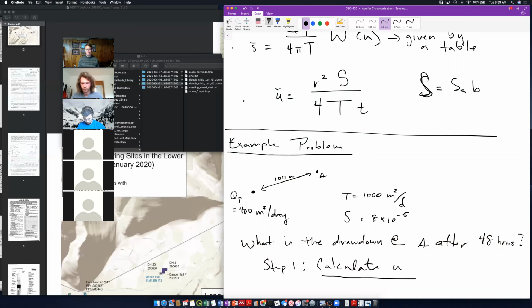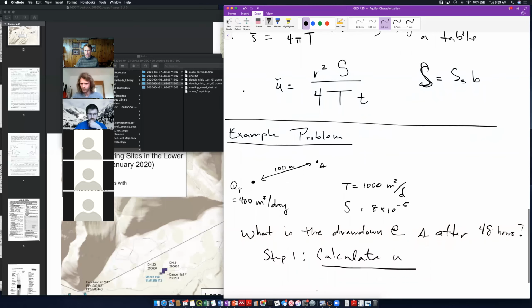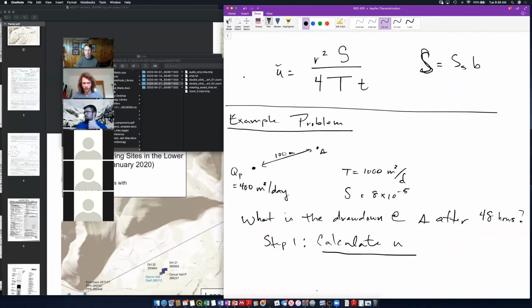Yep. I have 1 times 10 to the negative 4. So Mark is getting 1 times 10 to the minus 4. Anyone else got a number? I got that number as well. I got the same thing. Okay, so we have a quorum.